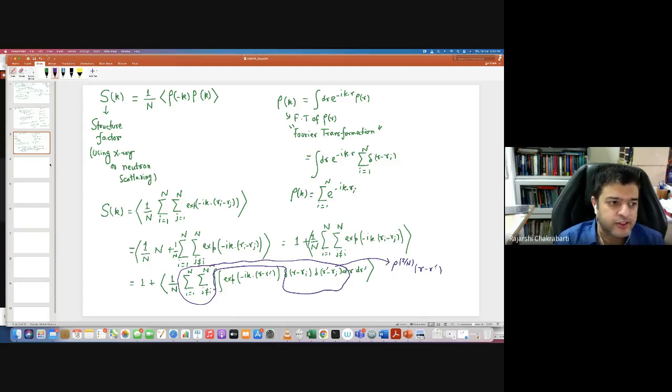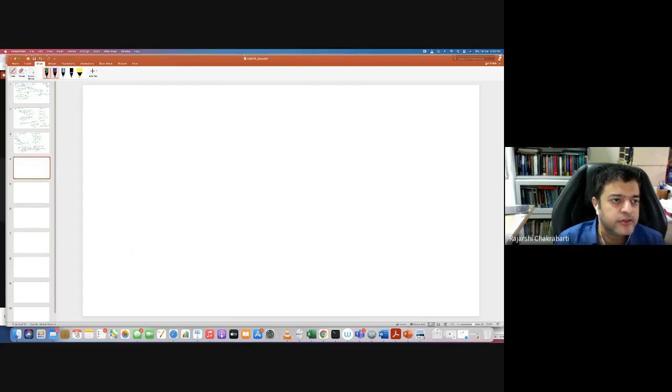So I go to the next slide. Sorry for this, but I'll write down the expression for S of k. So your S of k becomes 1 plus 1 over n, integral of exponential of minus i k dot (r minus r prime) rho 2 by n of r minus r prime. Why do I put r minus r prime?